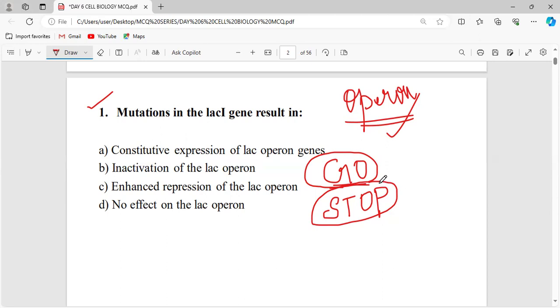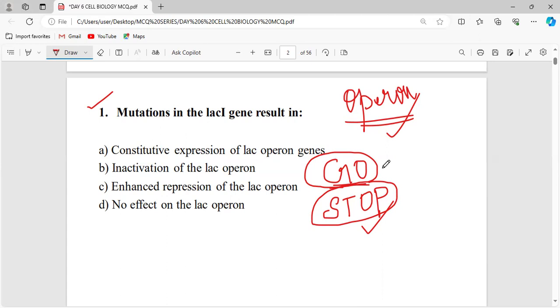That is why we call the lac operon a go operon. But in the tryptophan operon, whenever the substrate, tryptophan, is present, the operon will be turned off. That is why we call it a stop operon. This is the difference between the lac and tryptophan operons.